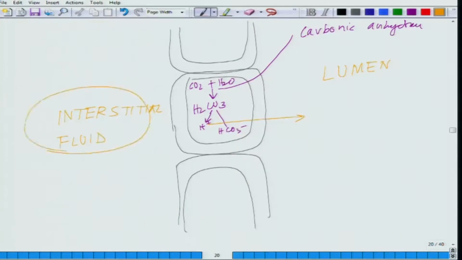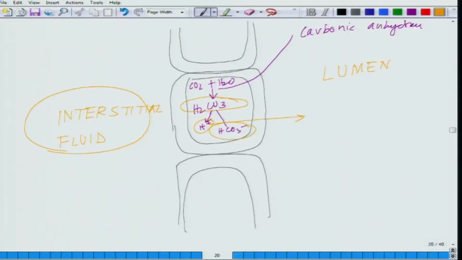So, these two ions are transported independently by a mechanism. Hydrogen ion is generated inside the parietal cell as the enzyme carbonic anhydrase converts carbon dioxide and water to carbonic acid, H2CO3, which you could see here. Then the carbonic acid promptly dissociates into H plus and HCO3 minus.